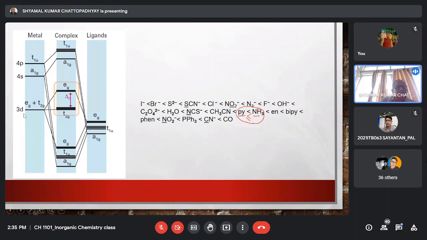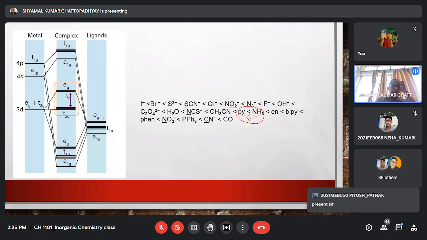The Eg orbitals of the metal ion, they interact with the Eg orbitals of the ligand, and they form a doubly degenerate bonding orbital and a doubly degenerate anti-bonding orbital. And T2g orbital, since there is no matching orbital in the case of T2g, the T2g orbitals remain non-bonding.